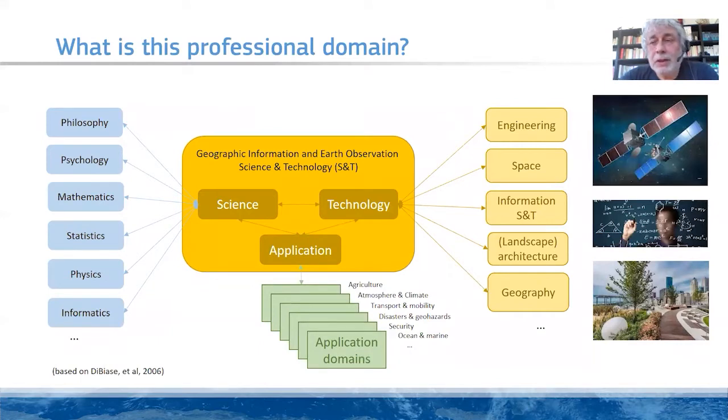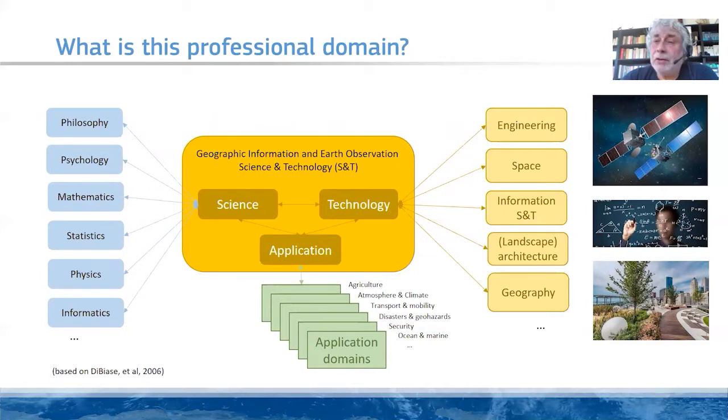Now, if we speak about a certain professional domain, then we wonder what is covered by the geographic information and Earth observation science and technology domain. In this picture, you see in the middle our domain in the strict sense of the word, which will cover on the one side scientific elements, which bundles the scientific insights based, of course, on research done over a long period of time.